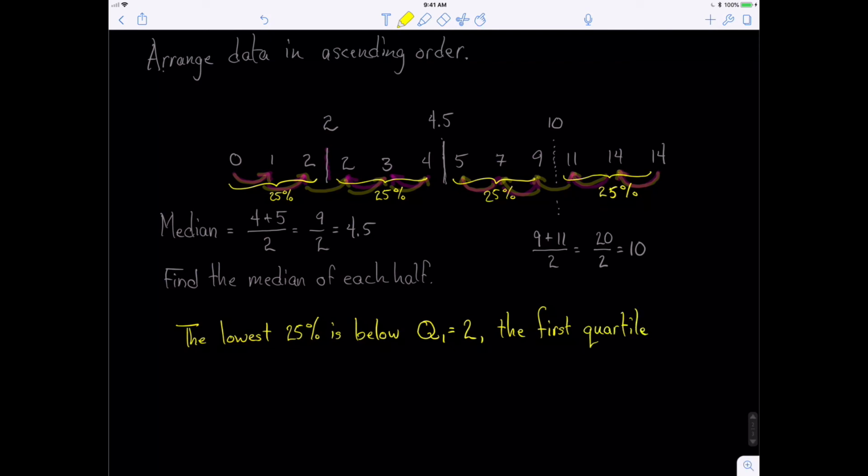Okay, our next quartile is Q2, and we've already found that was 4.5. But notice that we also had a name for Q2 of the median. So you're going to hear median and Q2 used interchangeably.